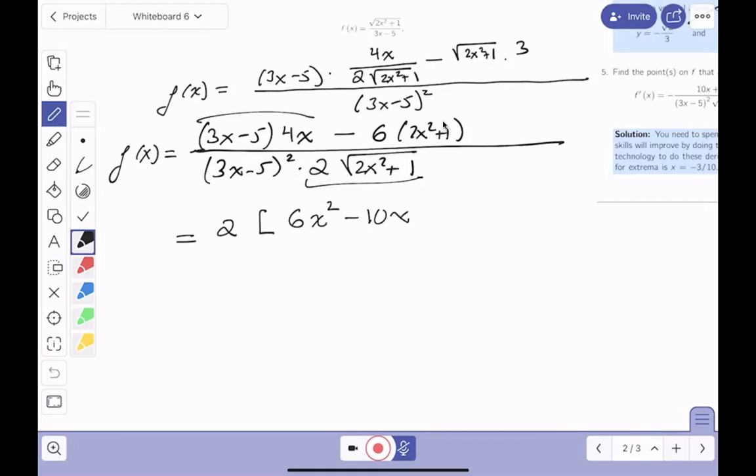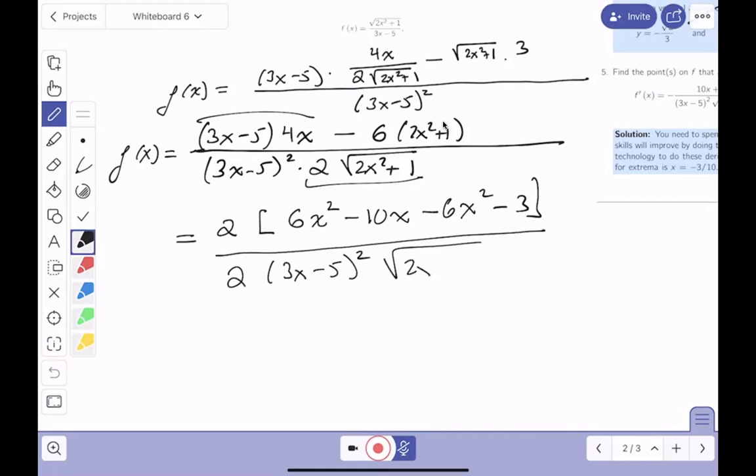Minus 10x, minus 6x squared, minus 3. Wow, this is really tough, isn't it? 2, 3x minus 5 squared, square root of 2x squared plus 1.